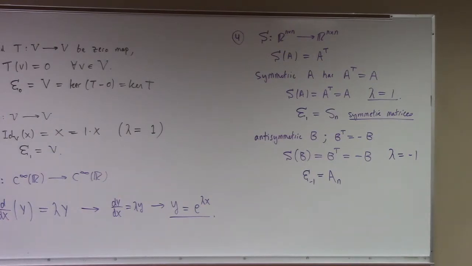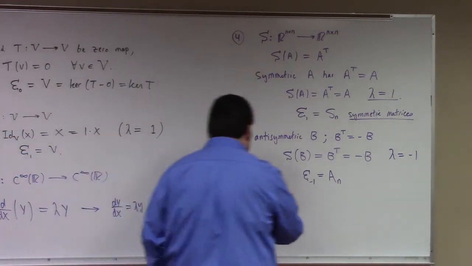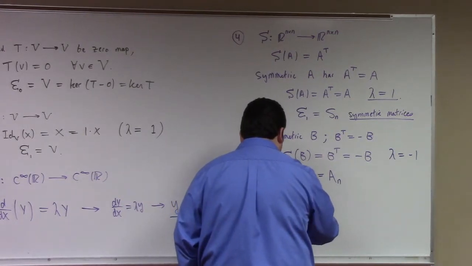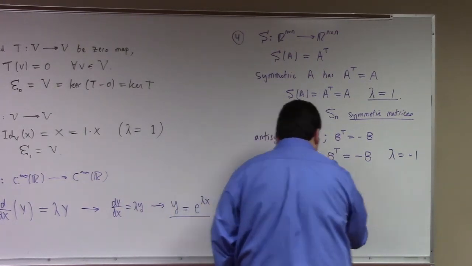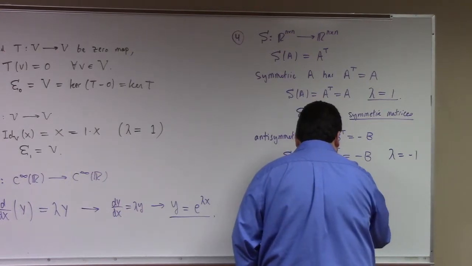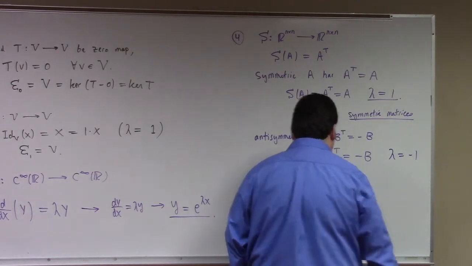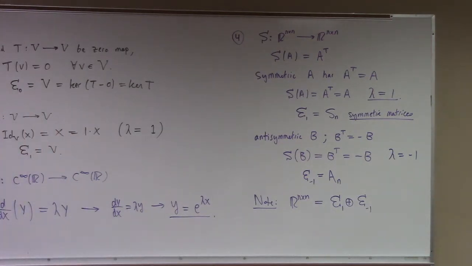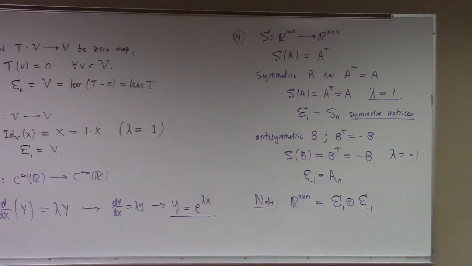And in fact, as we discussed last class, the direct sum of these gives us all matrices, right? So note, R n by n is equal to E1 direct sum with E minus 1. This is a special case of a more general theorem I want to share with you by the end of today. All right.